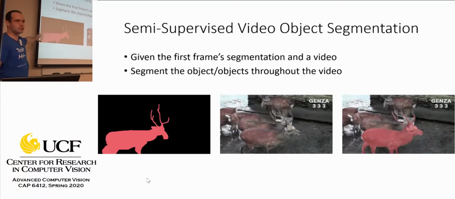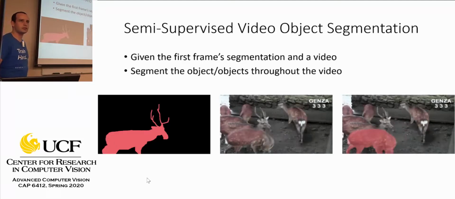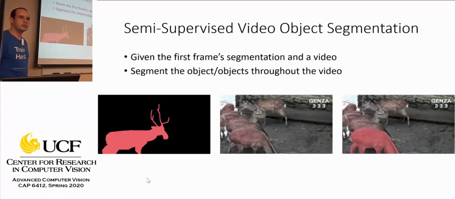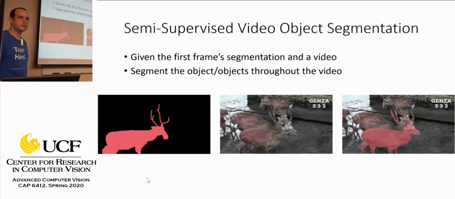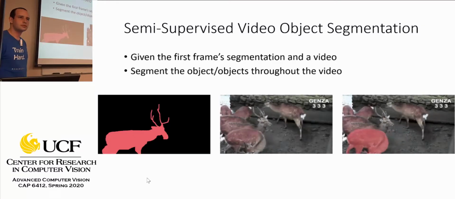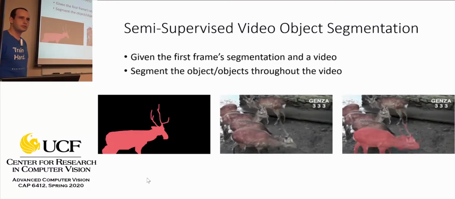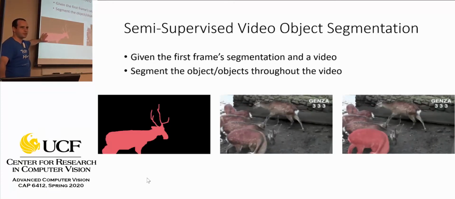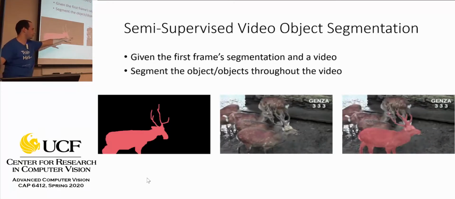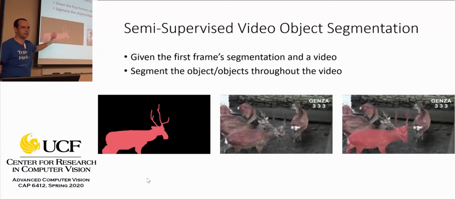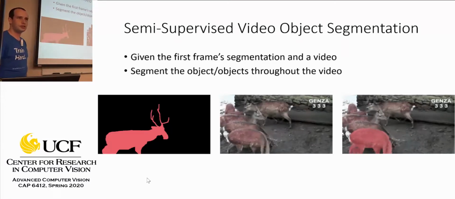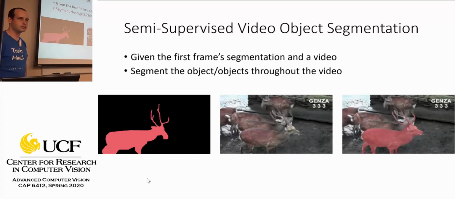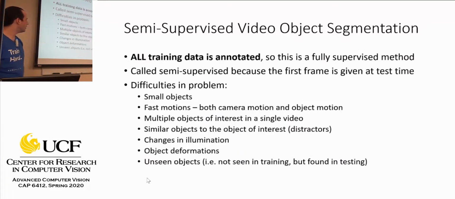No, we're given this segmentation. I'm not sure I follow the question though. Let's say for the test time, should the same object be present in the test video? Oh yeah. So you're given the first frame segmentation for the test video, and you're given the video itself, right? You just want to propagate that segmentation.